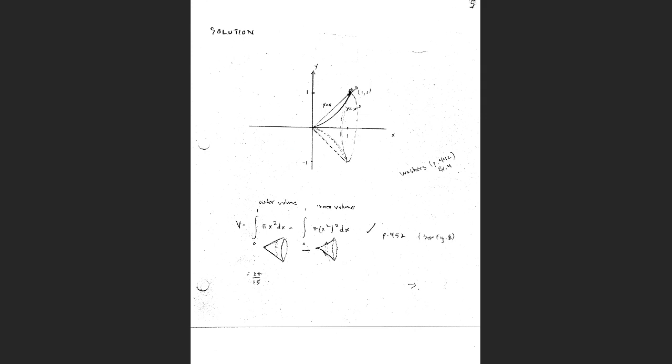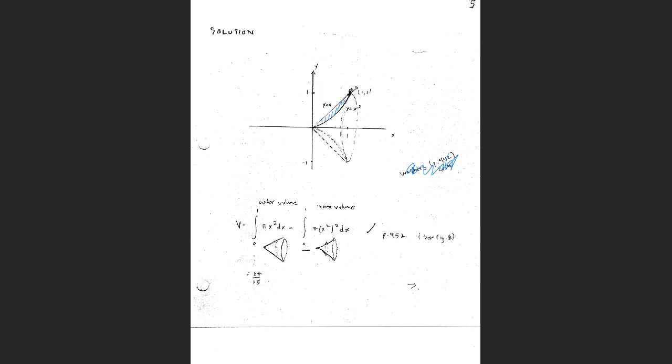Don't worry about this terminology here. So here is this region bounded above by the line y equals x, and below by the parabola y equals x squared.